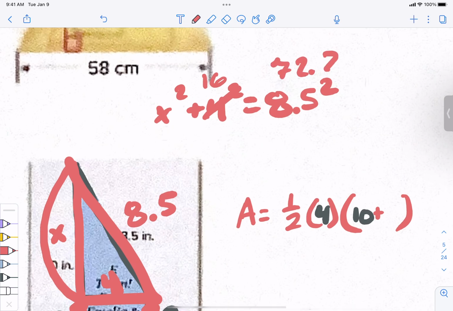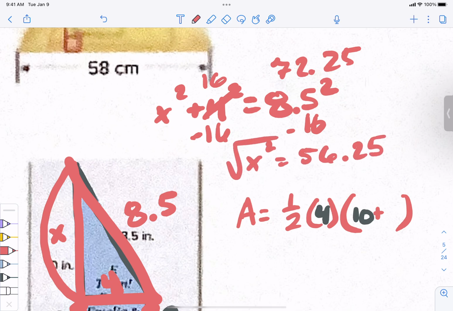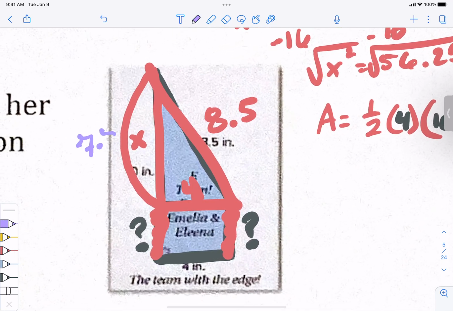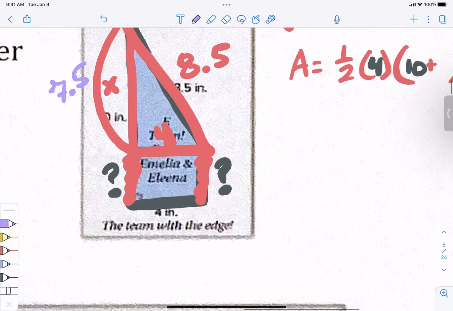Then what? Subtract the 16, which gives 56.25. So x squared equals 56.25, and then you take the square root, which is 7.5. Are we doing okay? 7.5 is that side. What did that help us find?